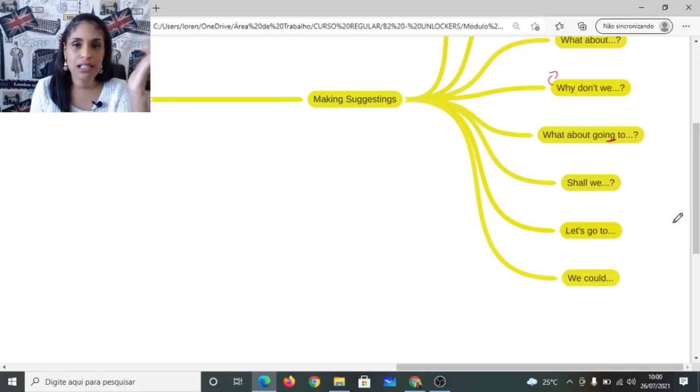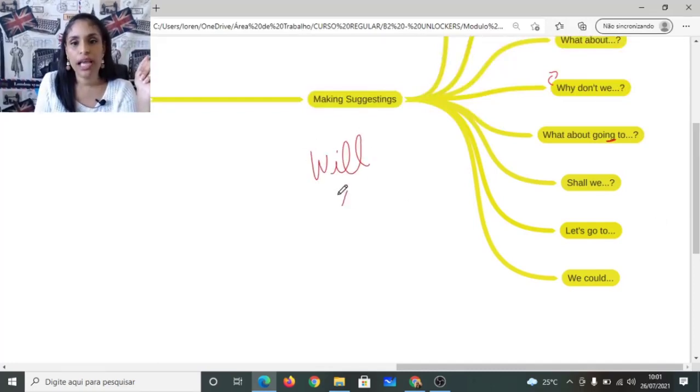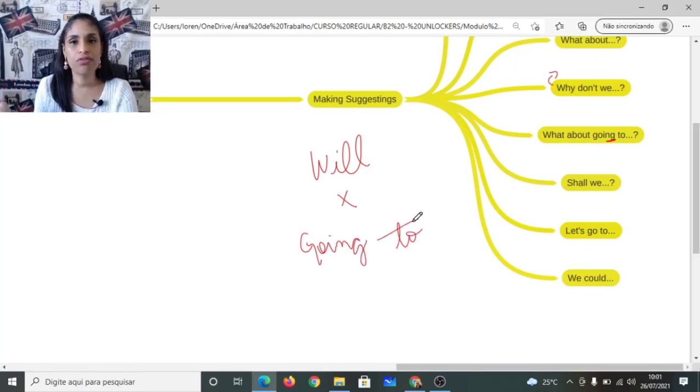The idea is the future, okay? It's something that is going to happen in the future. And as I always like to say, what's the difference between will and going to? To be honest, you can learn a lot of rules about when I need to use will and when I need to use going to, grammatically, which one is better for this or that.